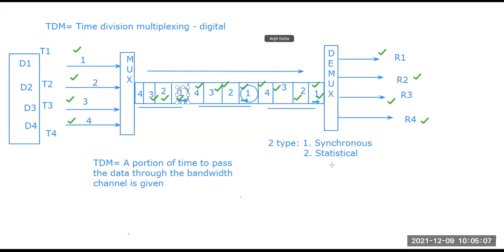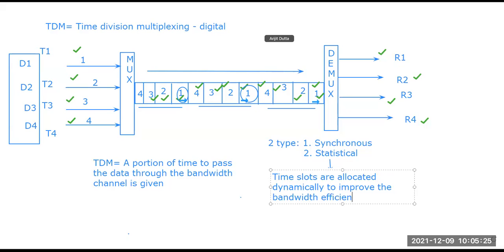In statistical TDM, time slots are allocated dynamically to improve the bandwidth efficiency. Fine. So what is the drawback of the synchronous one?